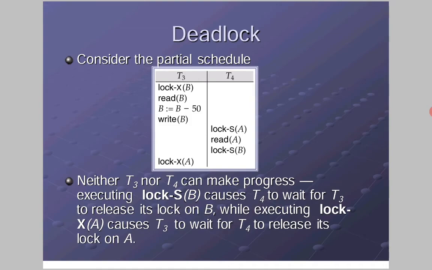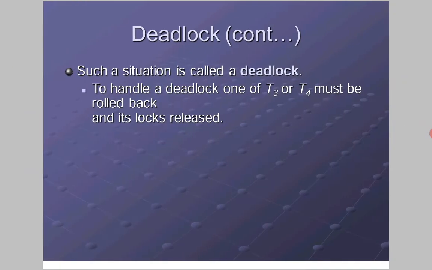Deadlock. What is a deadlock, and how do we avoid deadlock situations in an RDBMS? What are the different types of deadlocks, and what can we do to avoid them? Consider the partial schedule: lock-X B, read B. What is the definition of a deadlock? Such a situation is called a deadlock.